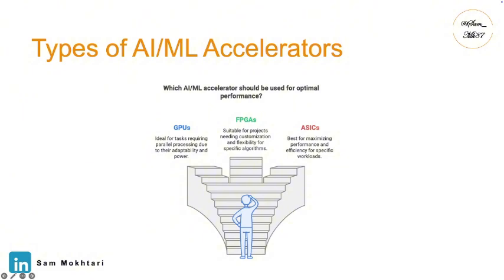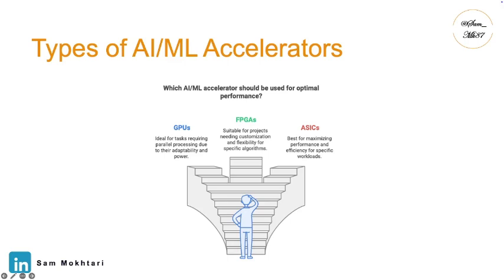The next type of AI/ML accelerators is the FPGA, which offers a unique advantage. Unlike GPUs or CPUs, the hardware logic within an FPGA can be reprogrammed to tailor the chip to specific AI/ML algorithms. This allows for greater flexibility and also potentially higher efficiency for a specific task.